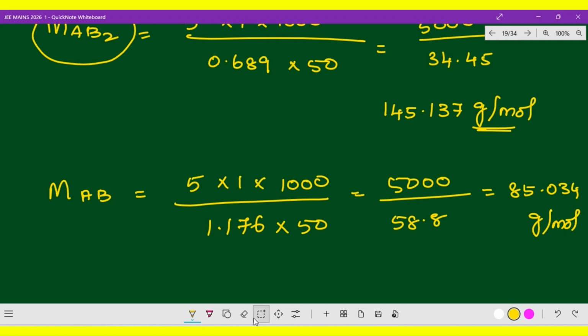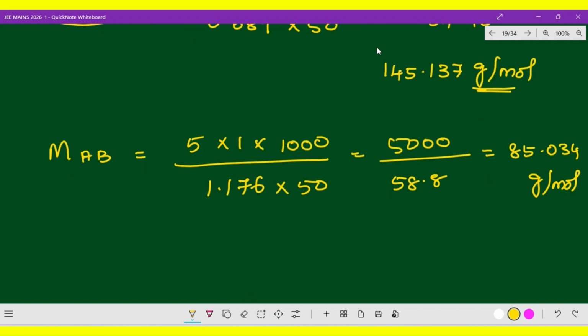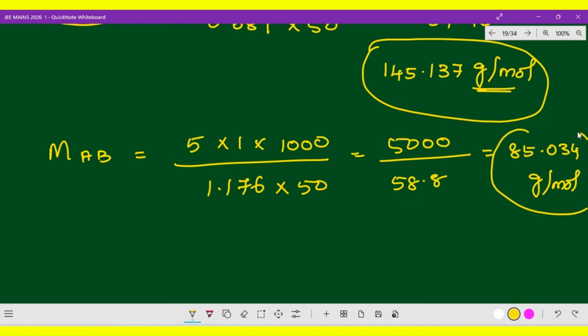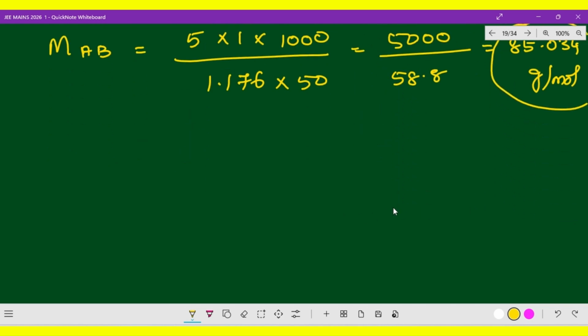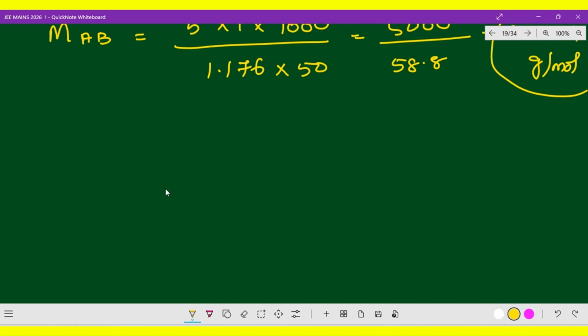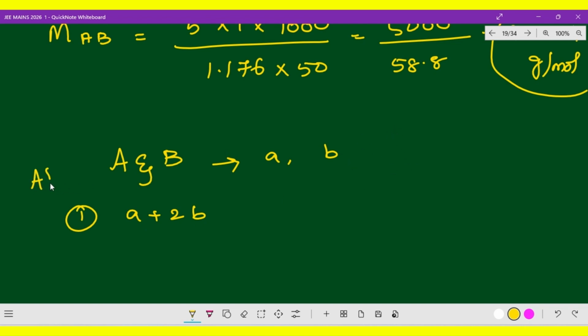Okay. Now, for both you got it now. AB2 also you got it, AB also you got it. Now let me give the idea to identify which is AB2 and which is AB. Here for A and B, we can mention small a and small b. So first equation: A plus 2B, because the first one is AB2.